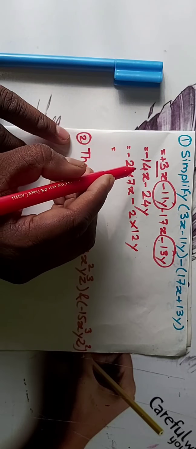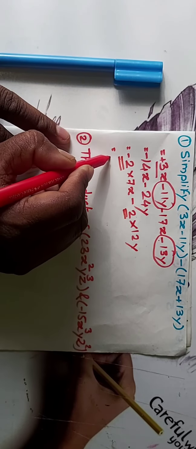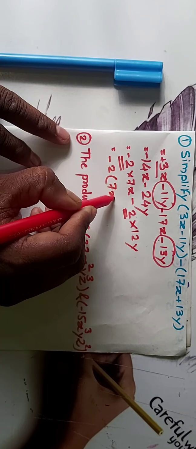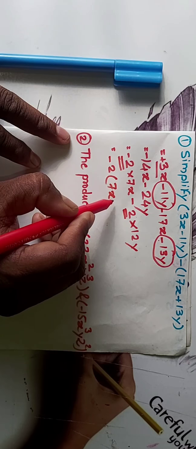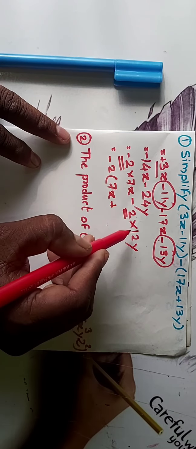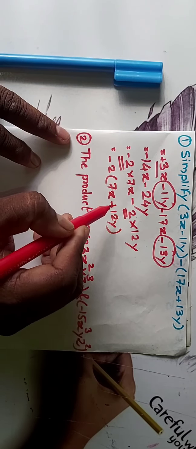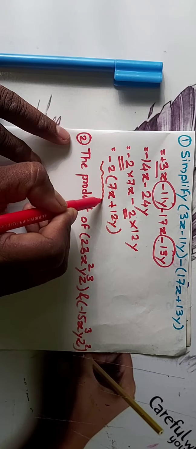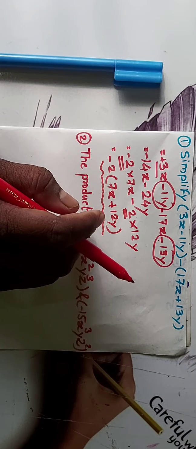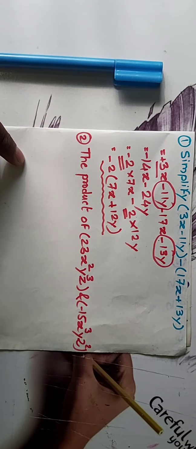So if you see, 2 is common, so we write minus 2, and in the bracket 7x plus 12y. So this option is given, that is option number D. Okay, so this way you have to solve.